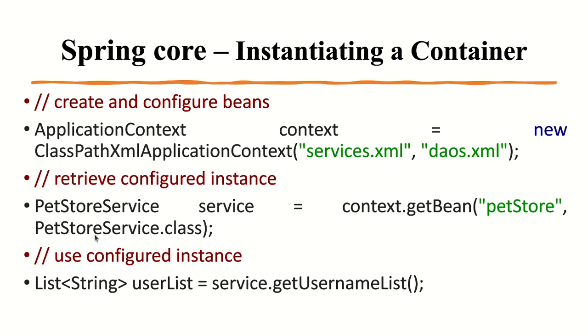Next, you can extract a particular bean as an instance. You can use the object as context.getBean. We tell the bean name as a uniquely identified bean, and with that you specify the class which is extracted, and it gets an instance. This object will be the complete configured object returned from the context.